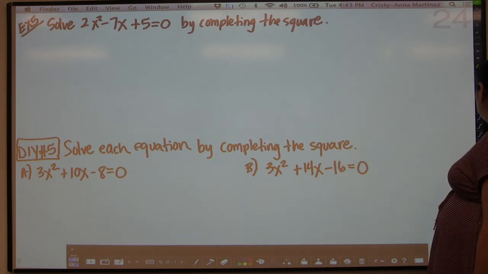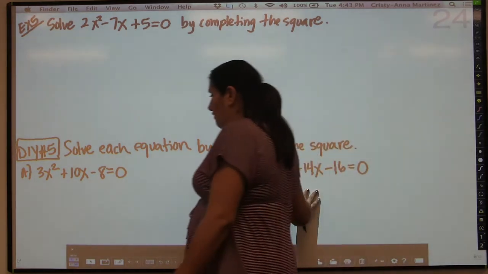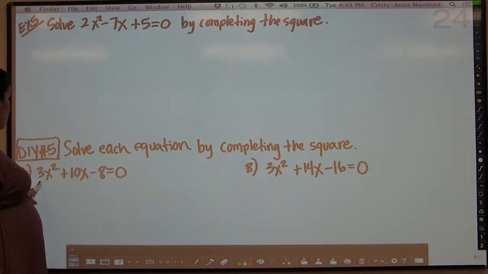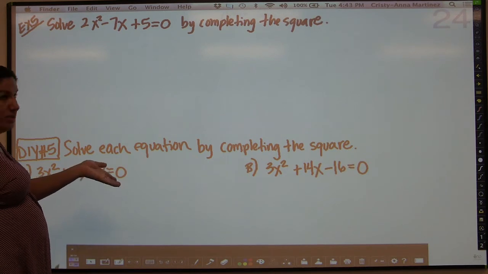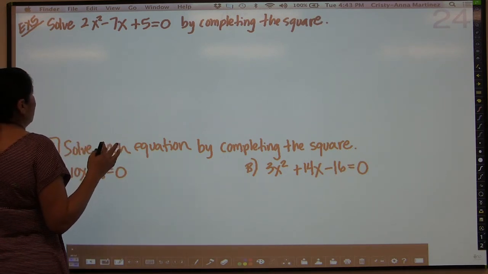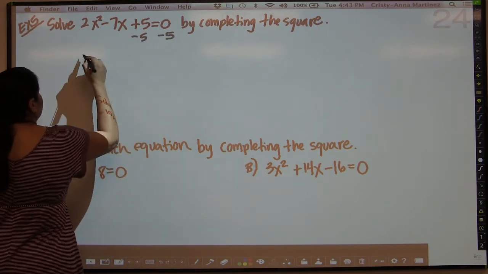All right, so in example 5, and do it yourself 5 also, you'll notice that all of these examples have an a that's not a 1. So this is going to get a little bit more complex than the one that we just did, but it's not a big deal. So like I said, you can interchange the first step. So if you want to subtract the 5 from the get-go, you can.